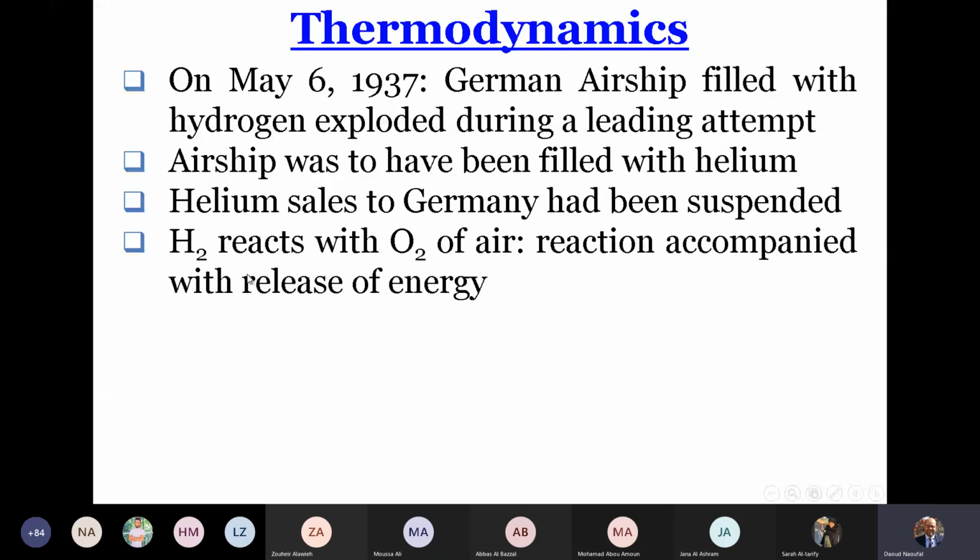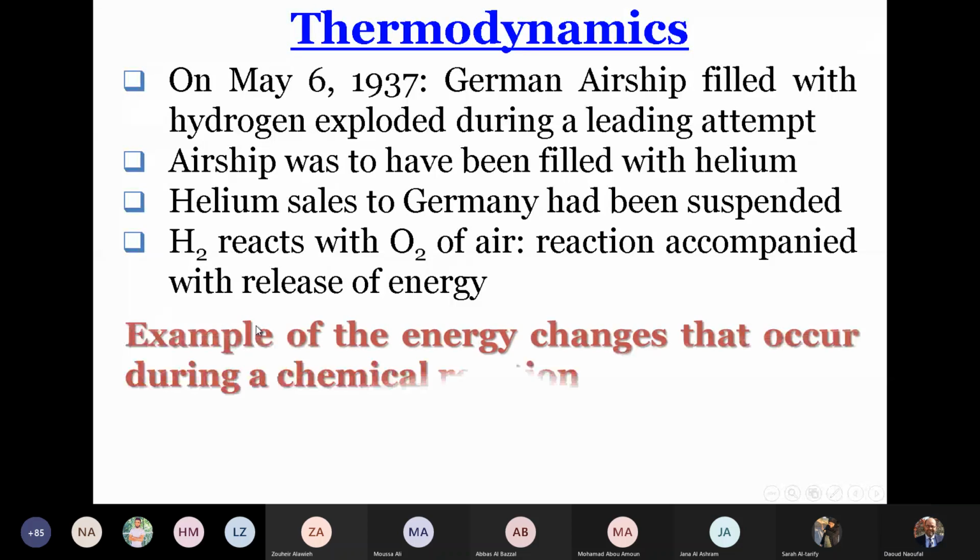But we know that the hydrogen H2 reacts with oxygen of air, and this reaction is highly exothermic. So this is an example of the calculation of heat of the reaction between hydrogen and oxygen.